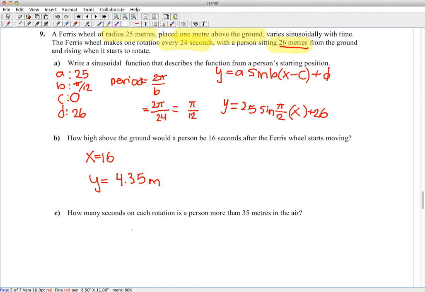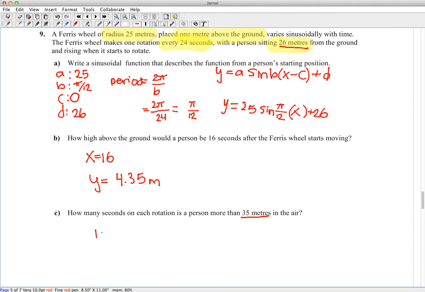And in this question, how many seconds on each rotation is the person above 35 meters in the air. Again, first you plug in this equation as a y value, then plug in another y value of 35 meters, and then find the intercepts: when the graph first crosses that line and then when it goes back below it, and find the difference between those.